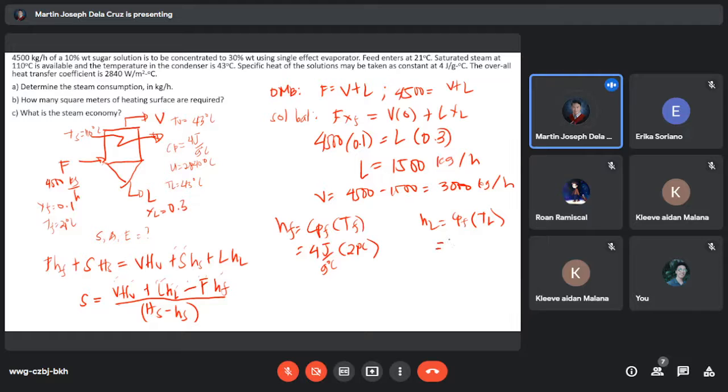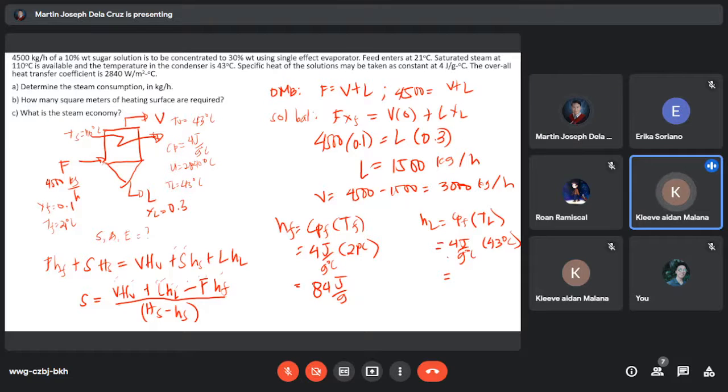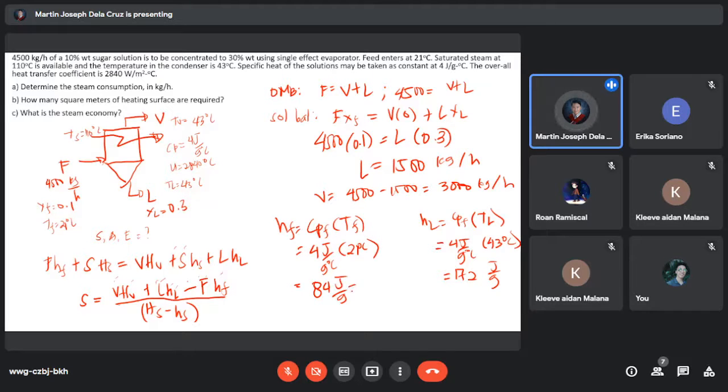And then, HL is 4 joule per gram degrees Celsius times 43 degrees Celsius. So if we calculate that, you have 84 joule per gram, and then 4 times 43 class, 172 joule per gram, right? Or we can have this 84 kilojoule per kilogram. Gawin na lang kilojoule per kilogram since naka-kilogram tayo dito.